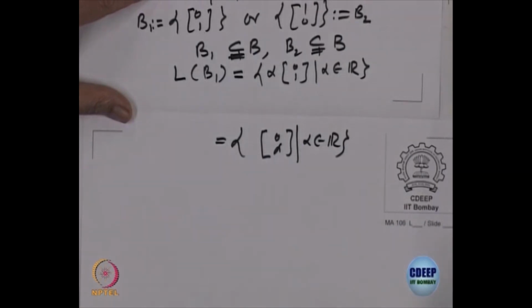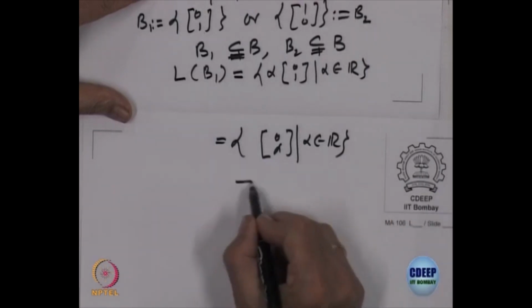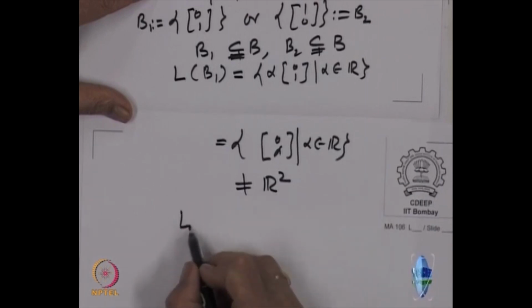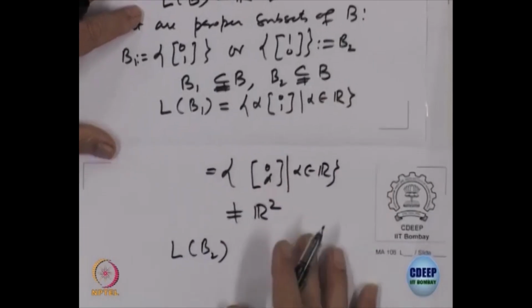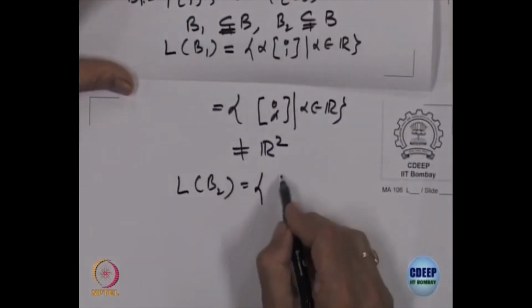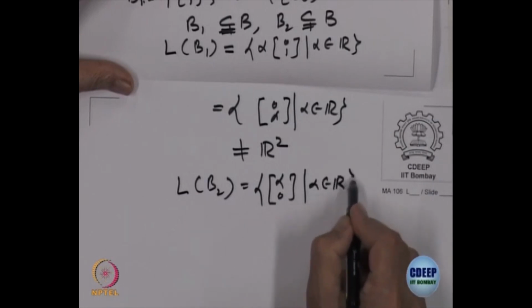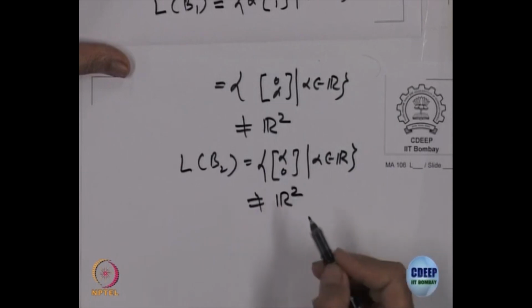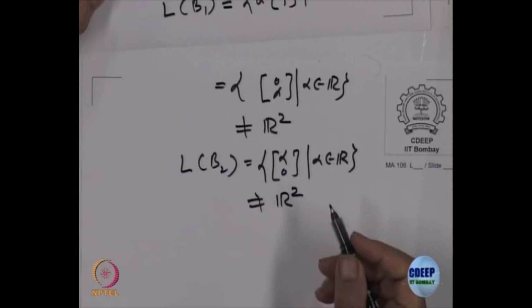This is the y axis, it is not all of R 2. So, not equal to R 2. Similarly, what is L of B 2? B 2 was 1 0. So, that will be equal to alpha 0, alpha belonging to R, which is again not equal to R 2. So, that is the sense in which we are saying it is the smallest.